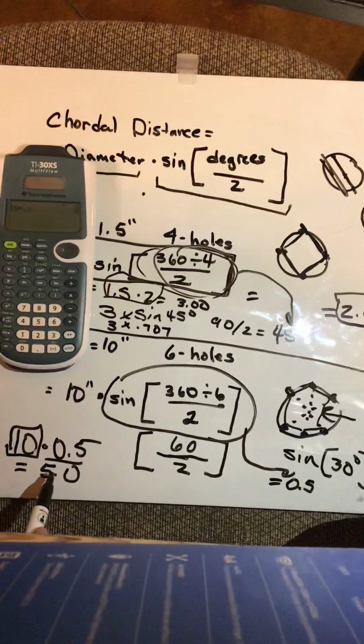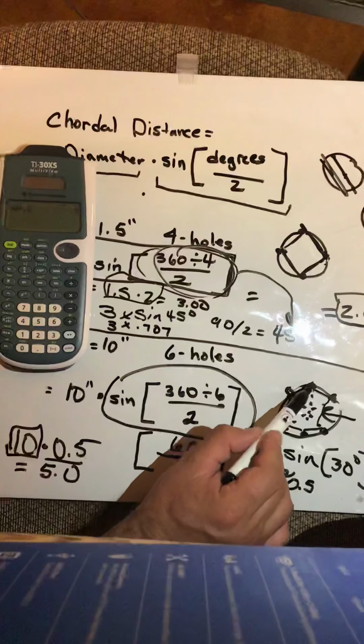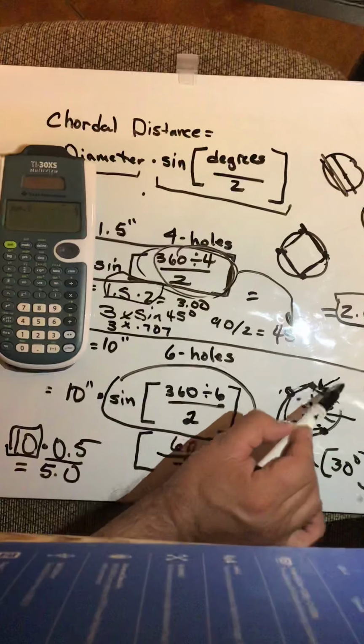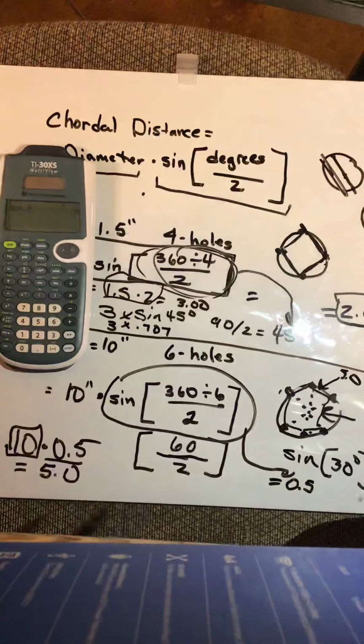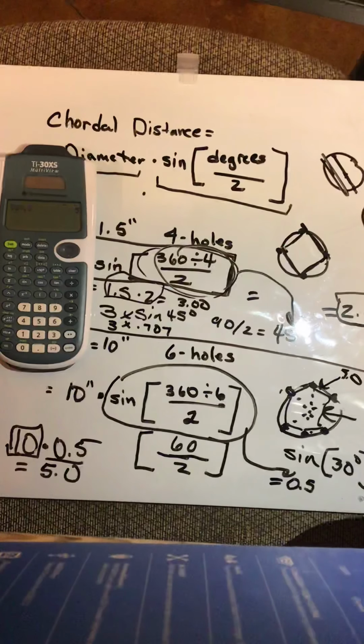I might have said divide, but it's actually multiply. It's the diameter times that right there, 5. So that's saying, from hole to hole, from here to here, each of these lengths is 5. Thank you so much. I hope that helps you with your homework or projects.